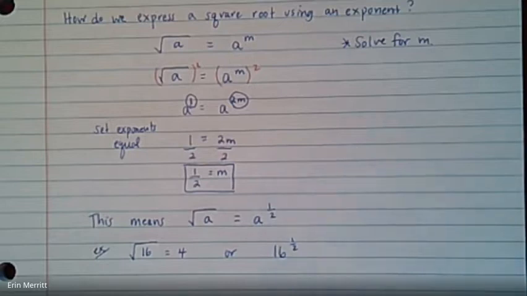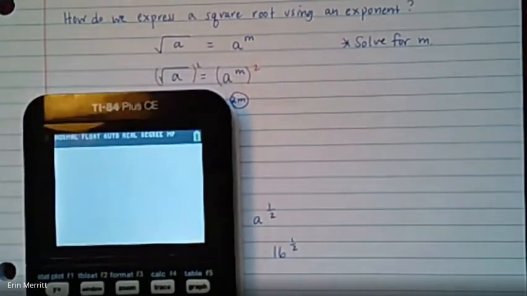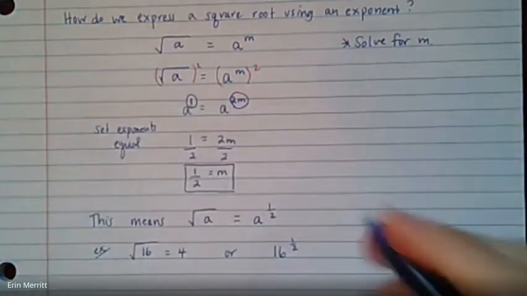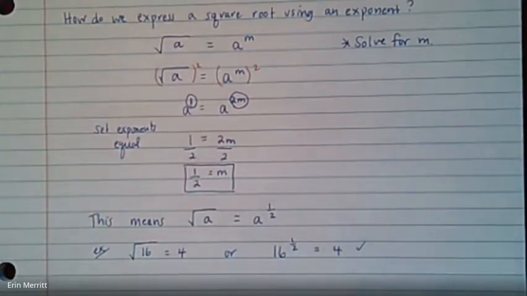If you grab your calculator on your home screen, covering up things a little bit, if I do square root of 16, there's 4. We knew that. Now 16 raised to the 1/2 power also comes out to be 4. So those are interchangeable. They're equivalent expressions, which is kind of cool. Just something new that we can do here.